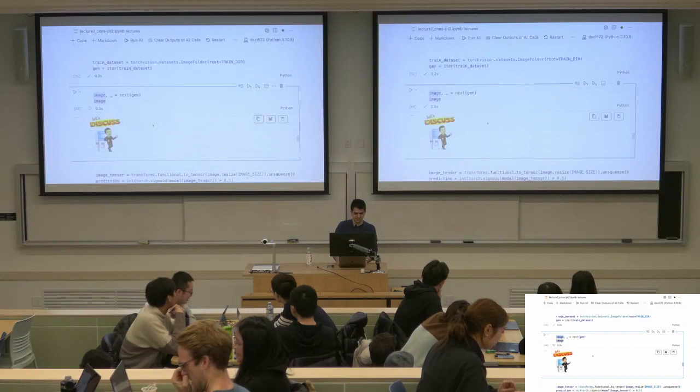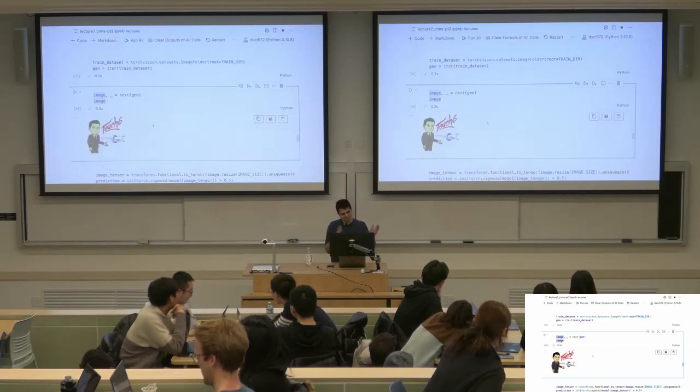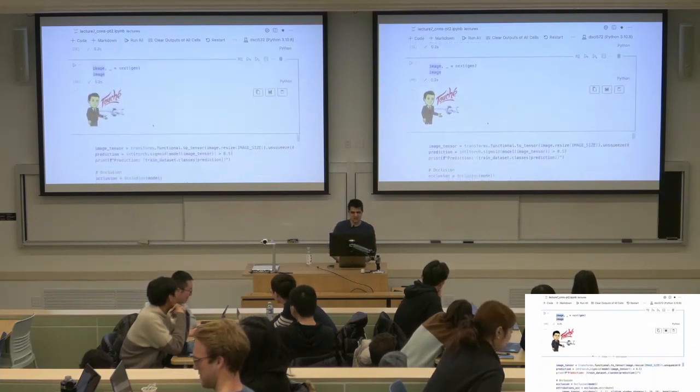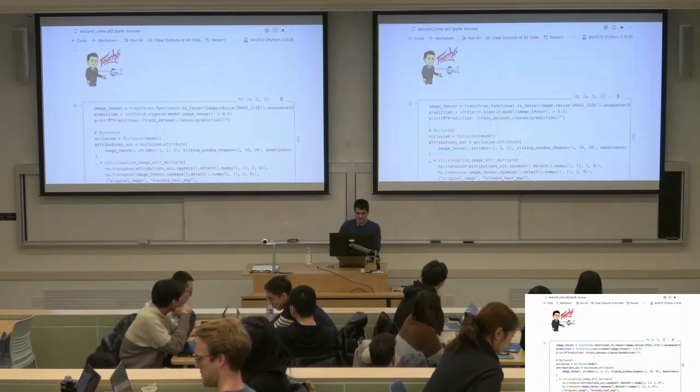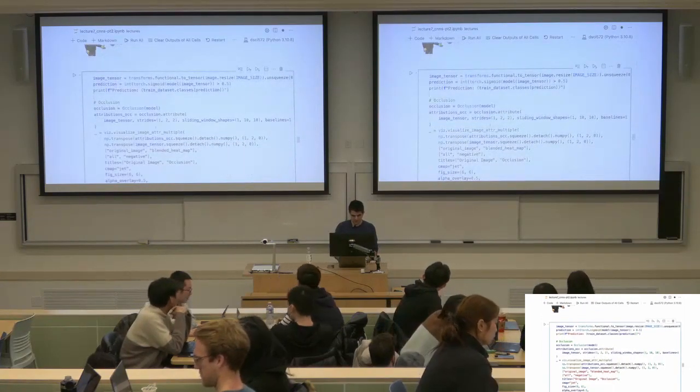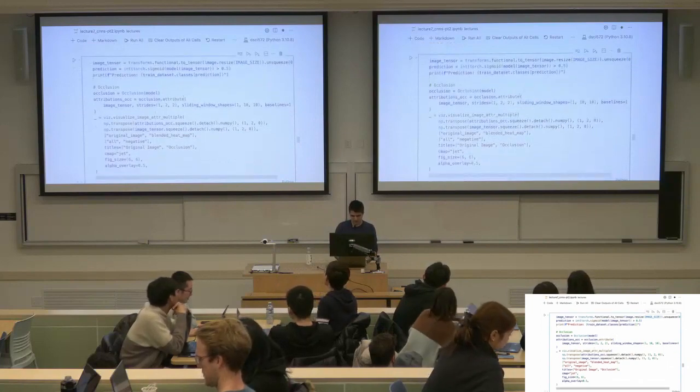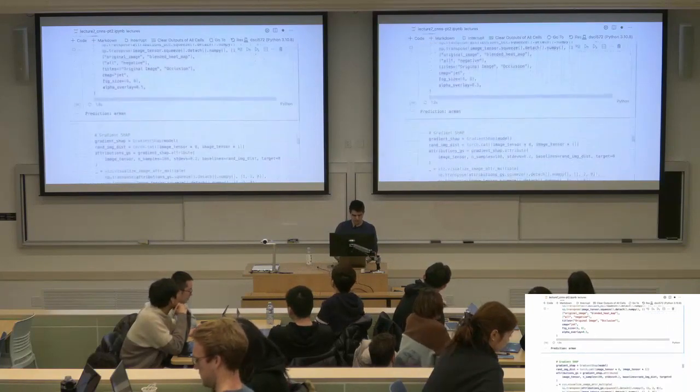I don't like any of these. Okay, this one, for example. Okay, so let's see the output of the occlusion method. I'm going to tell you what these all mean in a moment.